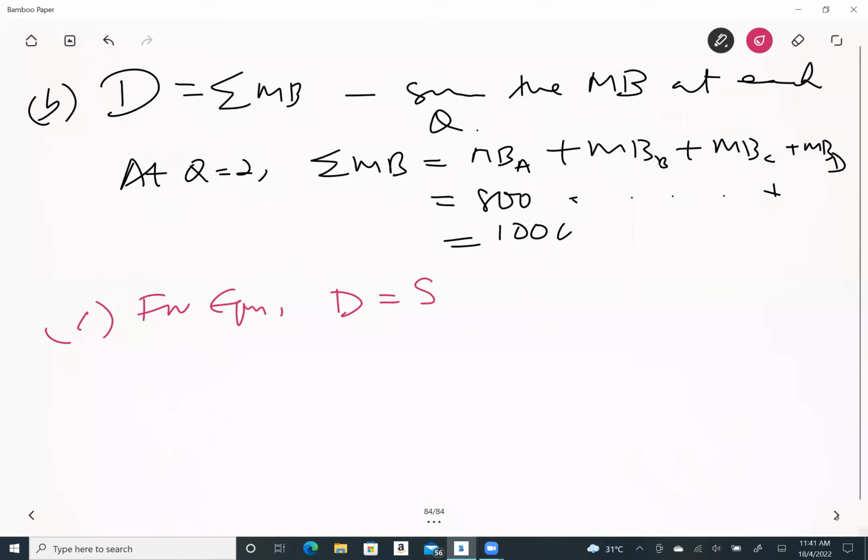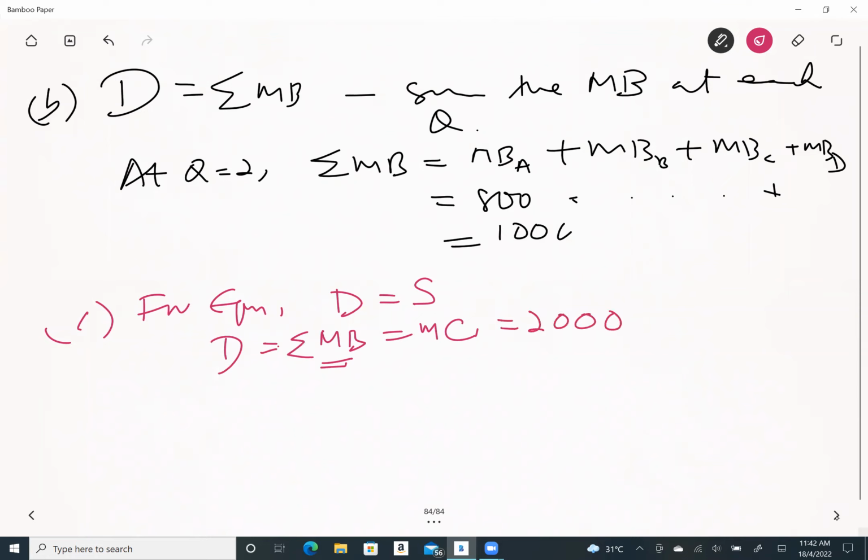Demand equals supply. Marginal benefit equals marginal cost. So this is the market marginal benefit, the demand, equal to marginal cost equal to 2,000.